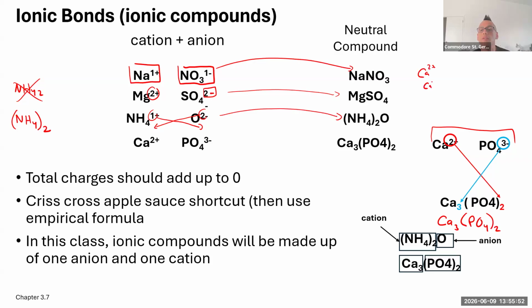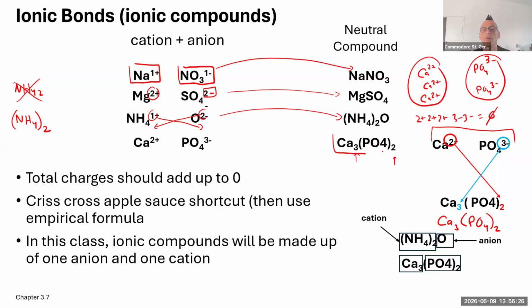Ca2 plus, Ca2 plus, PO4 3 minus, sorry, there's another calcium. PO4 3 minus. All right, so we have 2 plus, 2 plus, 2 plus, 3 minus, 3 minus, that equals 0. So that is a neutral compound. So the formula is going to be 3 calcium ions, 2 phosphate ions, the 3 and the 2.